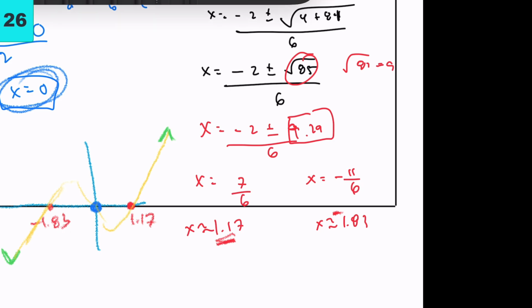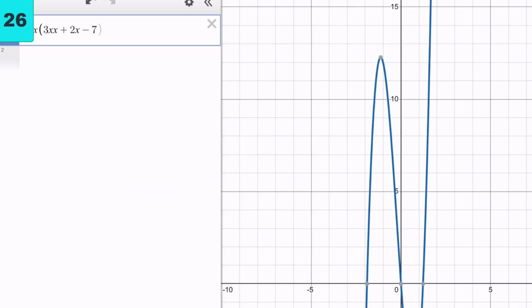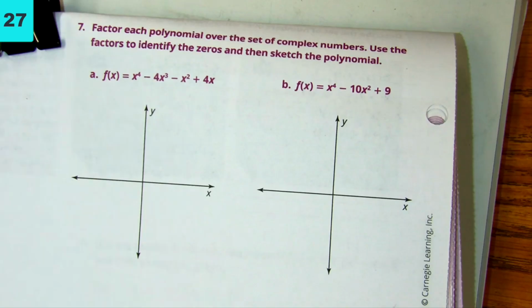Now, if you don't know how to get a shoot through on these, essentially the factor is this. These are again estimates. So that would be x plus 1.83, because then you would set it equal to 0 and it would be negative. Okay? So if you simplify negative 2 plus or minus square root of 85 divided by 6, you'll get these values. You could just punch it in your calculator, but that's what you would get.